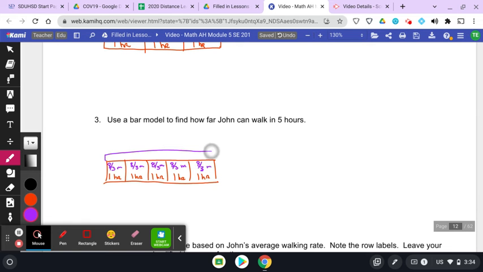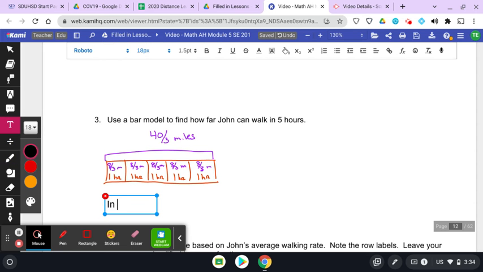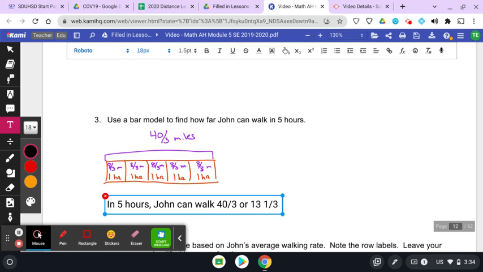So if I add that up, I have 40/3 miles. In 5 hours, John can walk 40/3. Typically we're not going to say 40/3, we're going to say 13 1/3 miles.